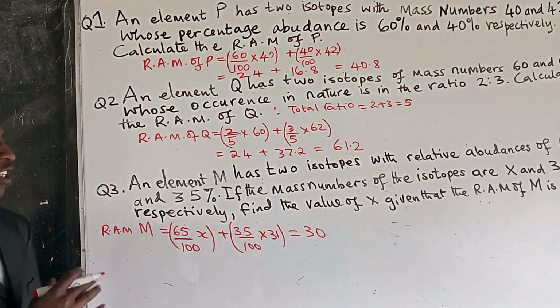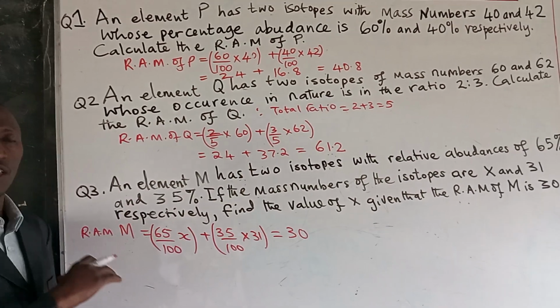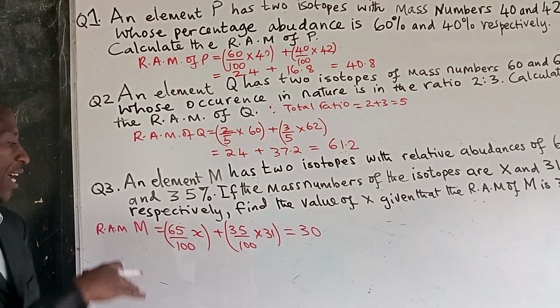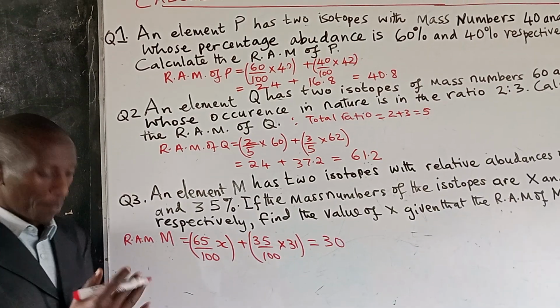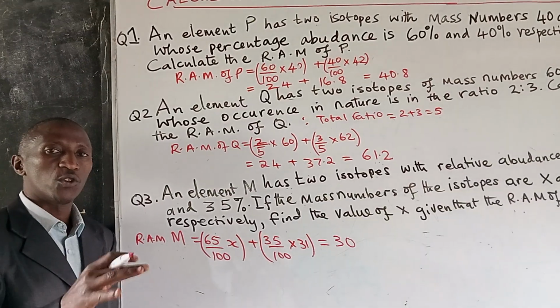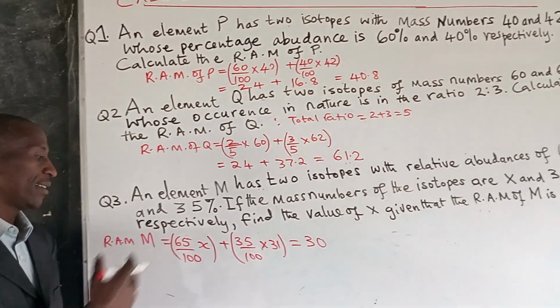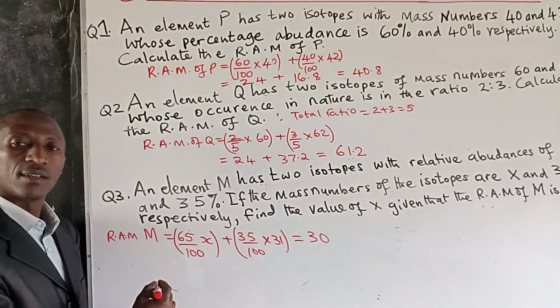So we may decide to work it two ways. The first is to multiply throughout by 100 to remove the denominator of 100, or we can divide by 100 and work in decimals. Viewers, choose the approach that best suits you. I decide we take on the decimals.